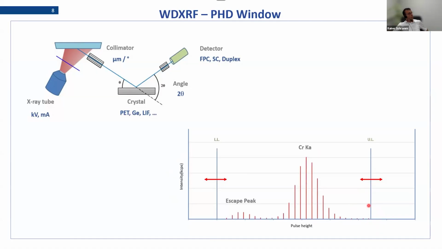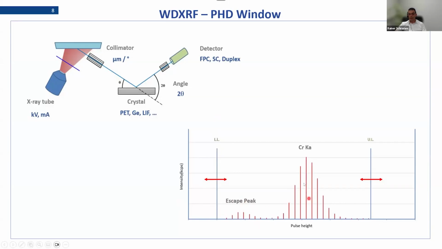But for three elements, titanium, vanadium, and chromium, there is a special case in combination with a flow counter, where you also have this escape peak. And then you have to make sure that your lower limit is either on the left side or in the middle of this escape peak, because very often the standard setting of the software is just on top of the peak, and this is also not good for our long-term stability.